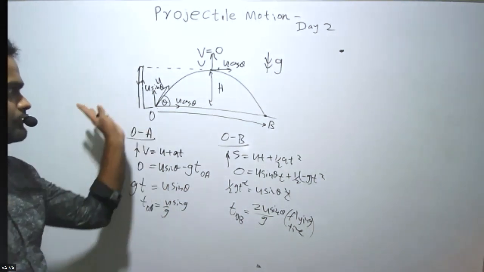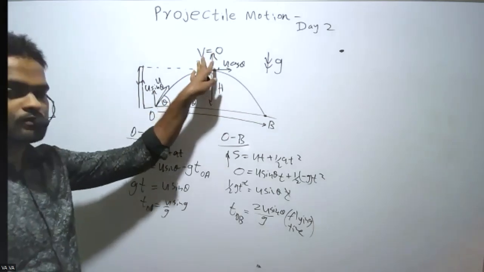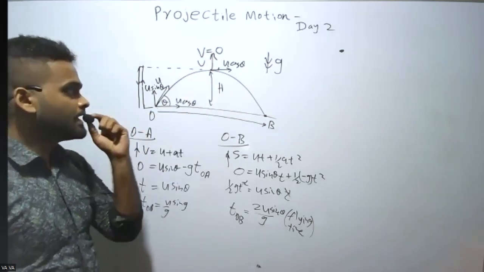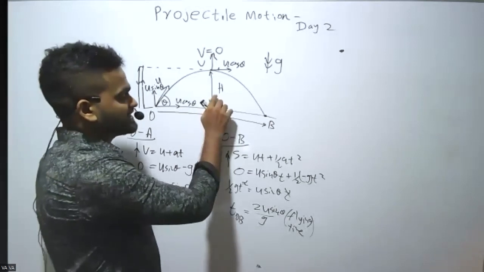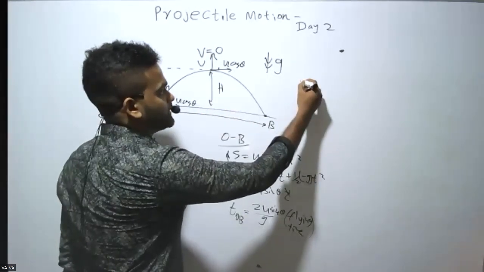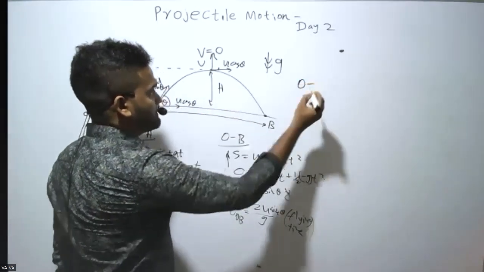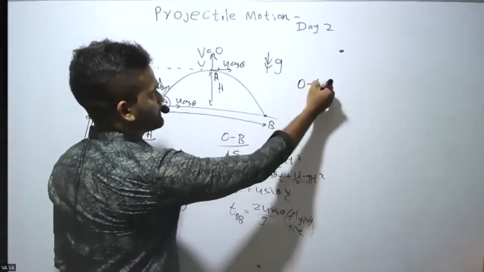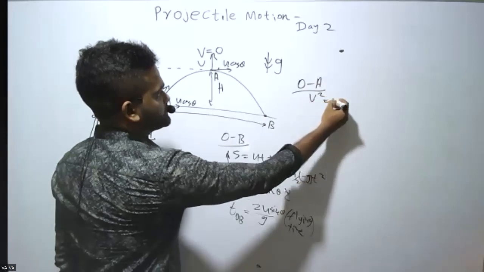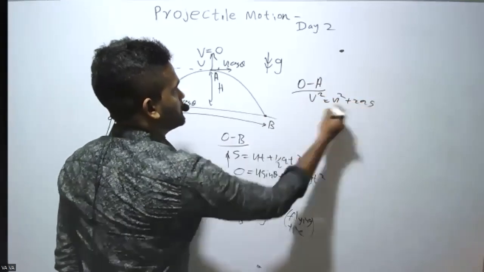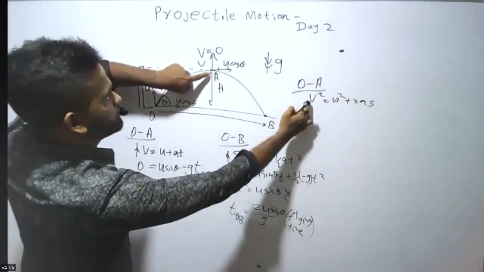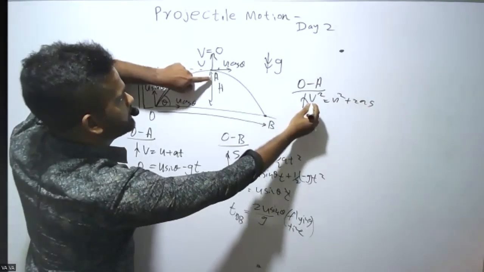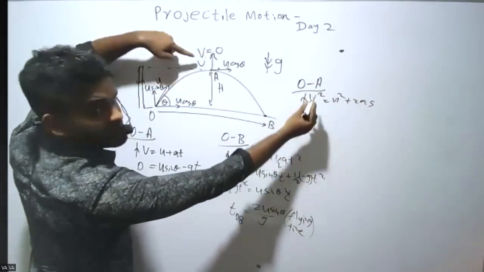Okay, so we found the flying time and the time required to reach the maximum height. Then I need to find the maximum height. So what can we apply? I'm applying equations from O to A, this point A. This equation is better to apply because vertically upwards, the vertical component is 0, so I can make this term 0.